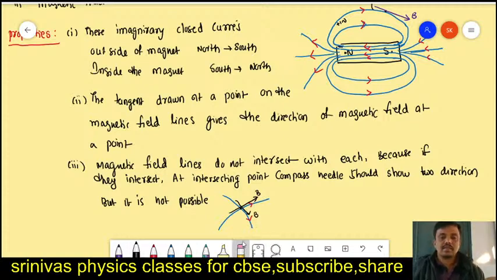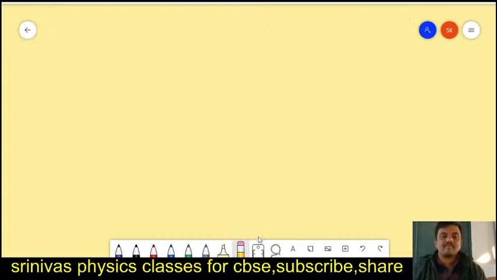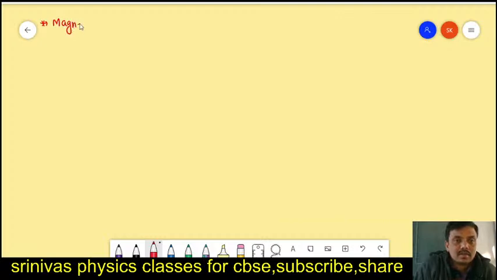Okay, I will erase this one. Now, how is the magnetic field produced by a straight wire, and on what factors does it depend?